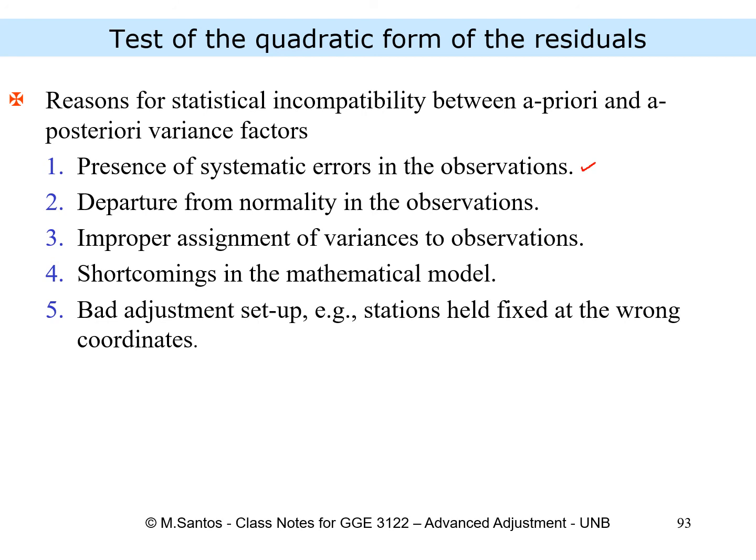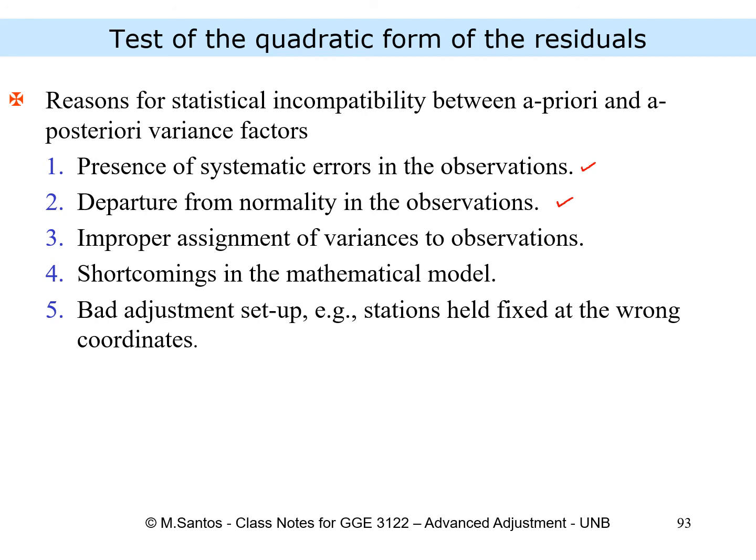The systematic effects have to be removed, and they might not have been removed well, for example with a simplified equation for refraction, so there are still systematic effects lingering in the data sets. Departure from normality in the observations. This, of course, has to do with the presence of errors, systematic errors and blunders. We may have lots of blunders. We may still have systematic errors.